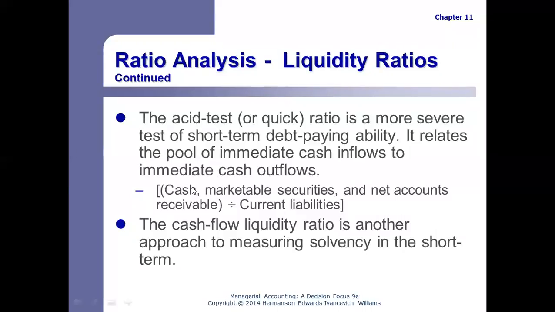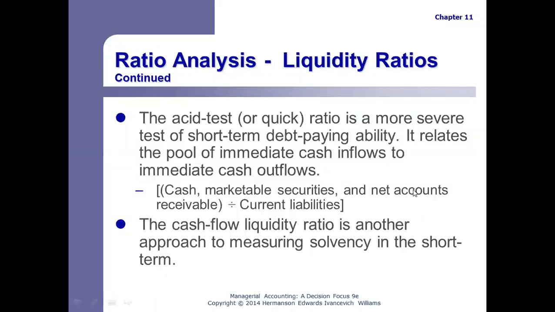So that formula is cash, marketable securities. Marketable securities are investments that can be sold fairly quickly. So if you own stock in another company, for example, that's a marketable security because you can sell those quickly by just selling them on the stock exchange.